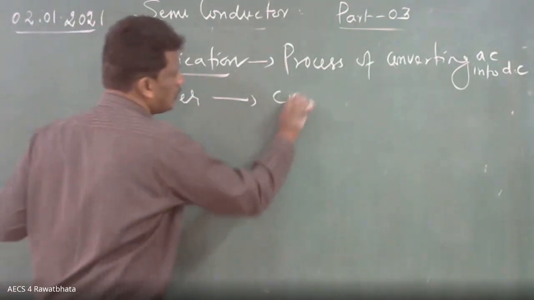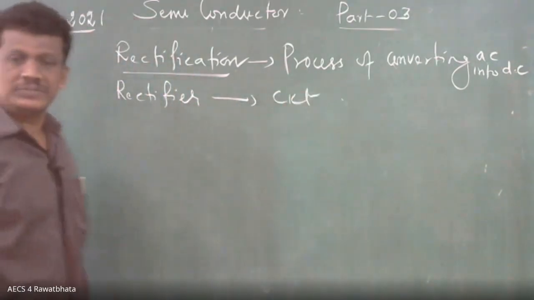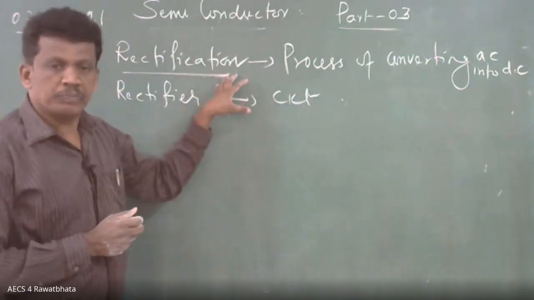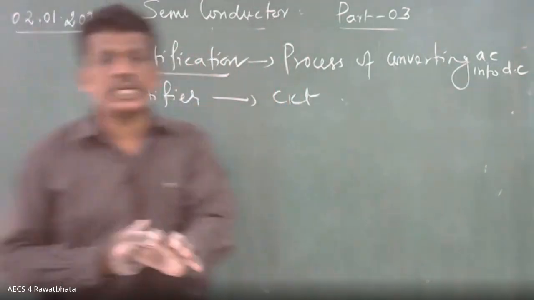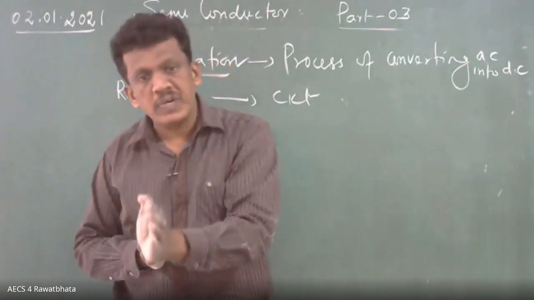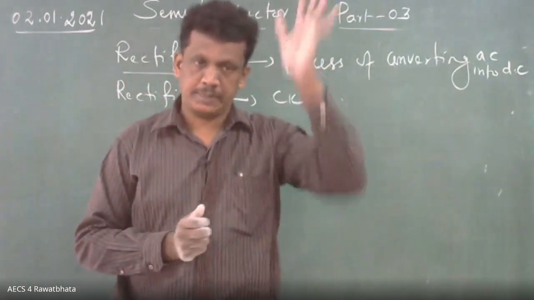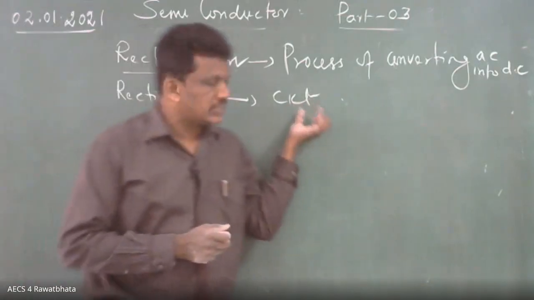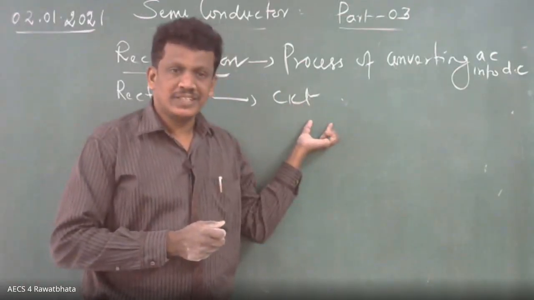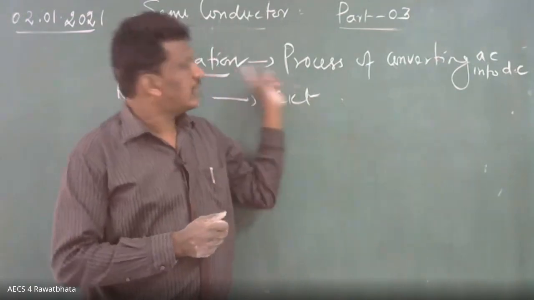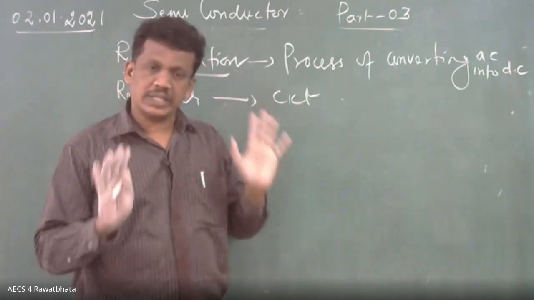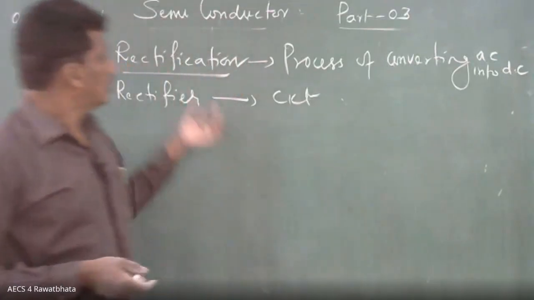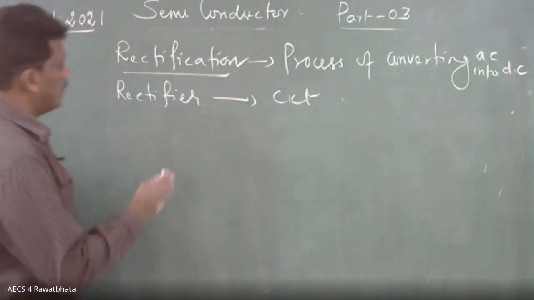Rectifier. The circuit is called a rectifier. I think the difference is clear. So what is rectification? The process of converting AC into DC. What is a rectifier? The electronic circuit that does the rectification process. That's all. The circuit arrangement is the rectifier.